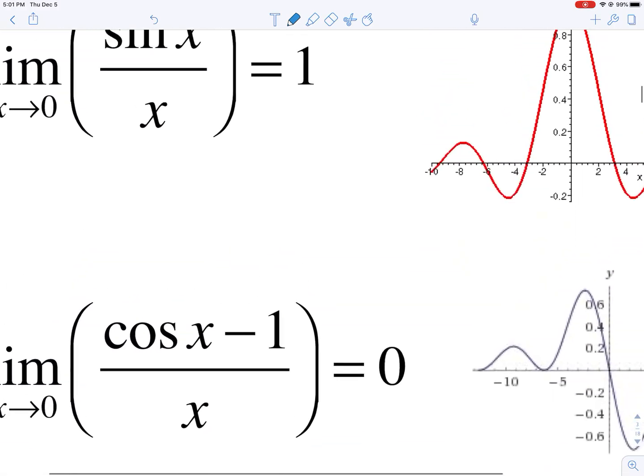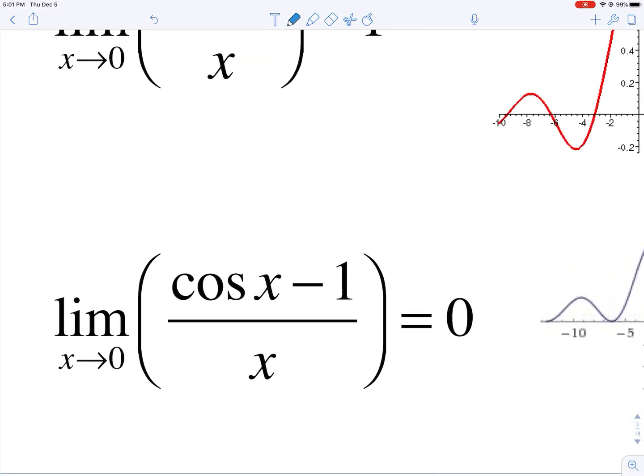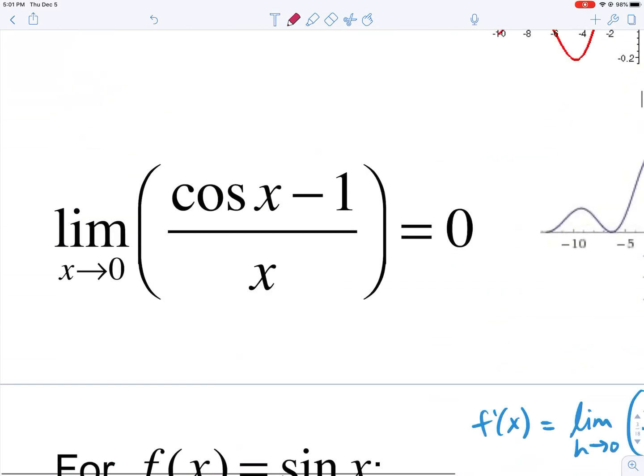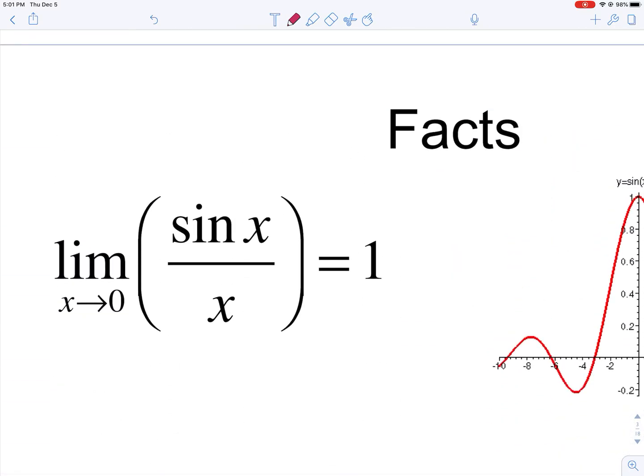So remember, the limit as x approaches 0 of cosine of x minus 1 all over x is equal to 0. Now let's just think about replacing all those x's with h's, and we know that this limit right here is going to go to 0. And then the limit as x approaches 0 of sine of x over x is equal to 1.